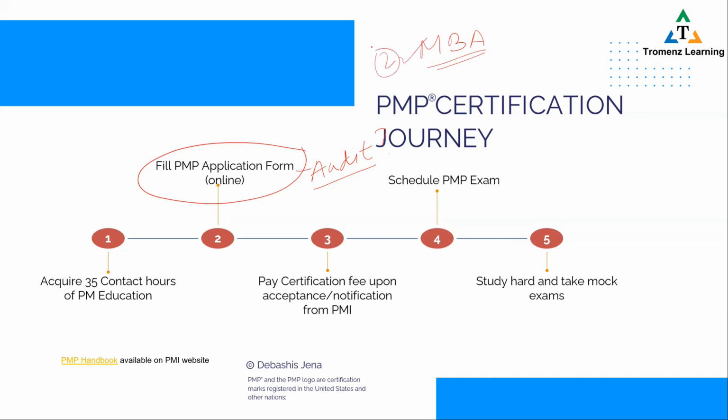So that's two. The first one was that experience form that I just mentioned. Three, a copy of your 35 contact hours certificate. That is the one you received for this training from us. You will receive a certificate, so that would be evidence that you attended this training, which is one of the prerequisites. So these are the three things you submit in case your application is picked up for audit.